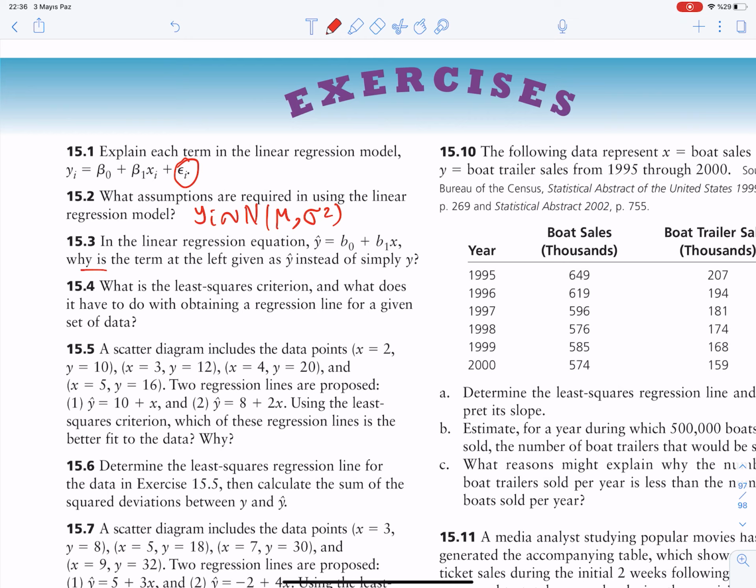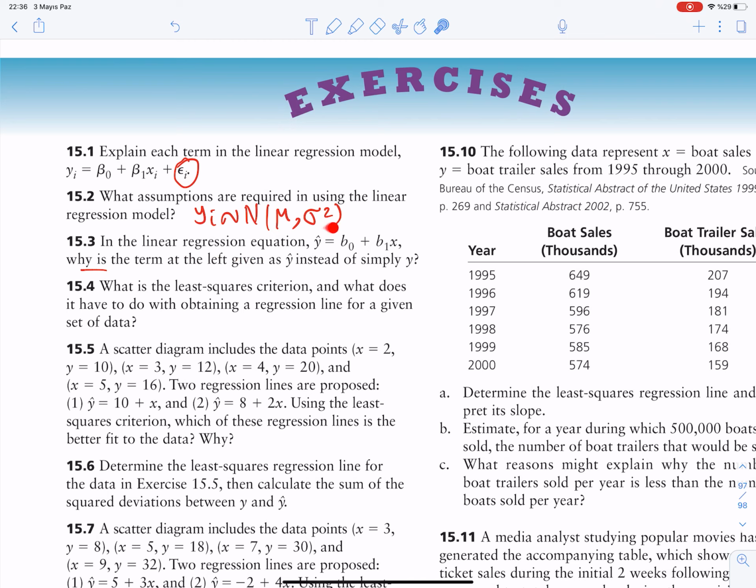Okay, let's move on to the next question. In the linear regression equation, y hat is beta null plus beta 1 x. Why is the term on the left given as y hat instead of y?